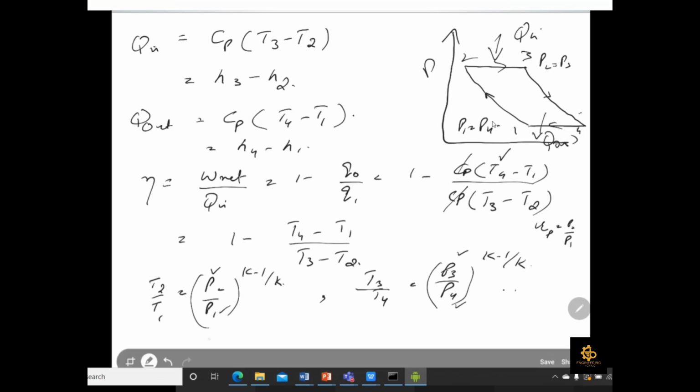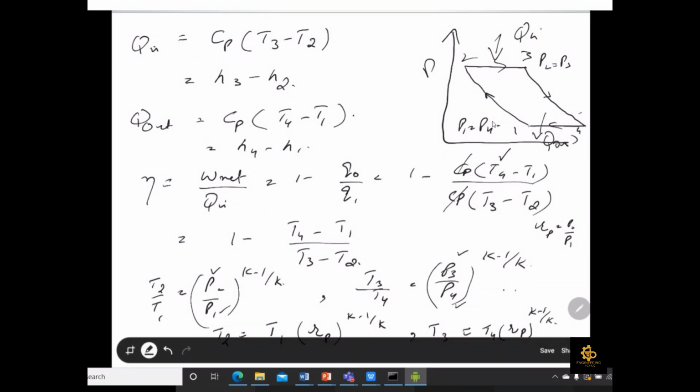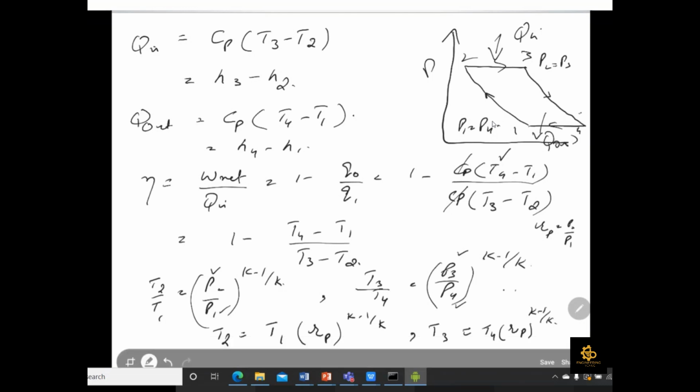Okay, and from here we can also write that T2 is equal to T1 times RP, the pressure ratio, to the power (K minus 1) over K, and we can also say that T3 is equal to T4 times RP, the pressure ratio, to the power (K minus 1) over K. Okay, so you have to note it down, then we'll move towards the next part. If you have any question, you can also ask.